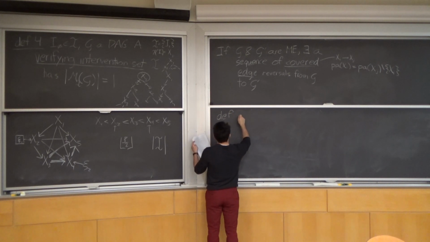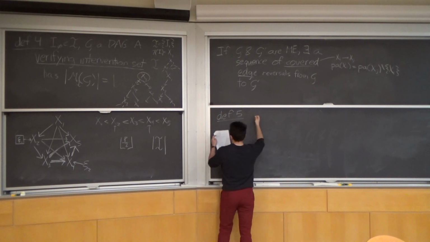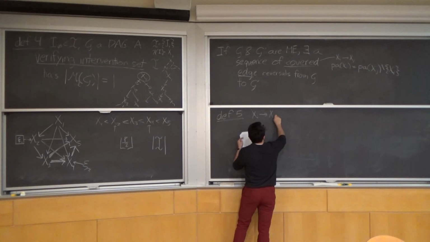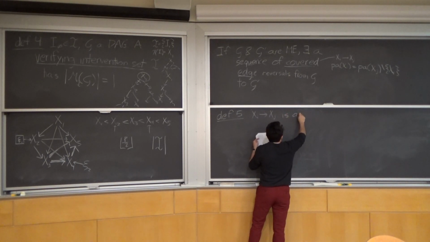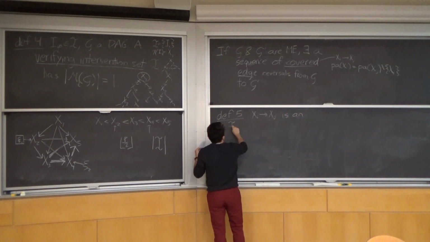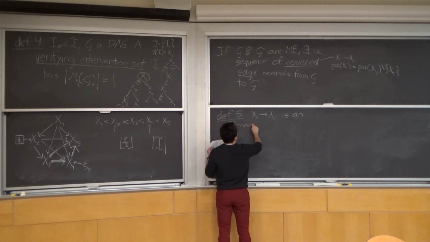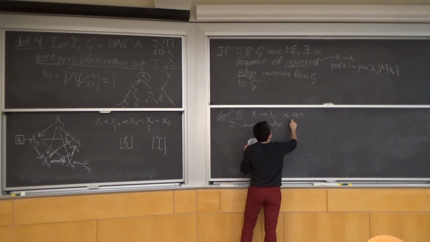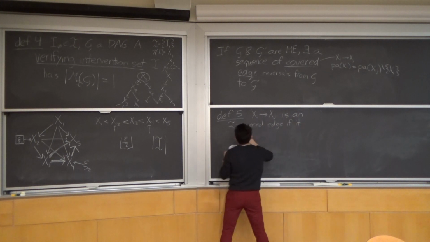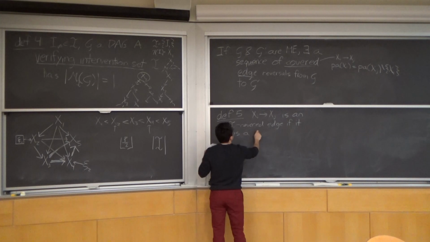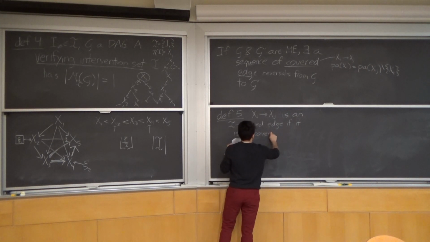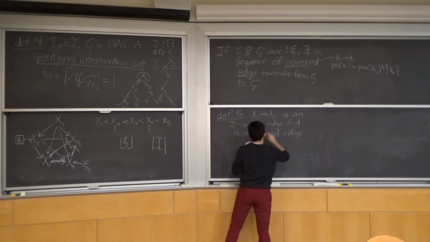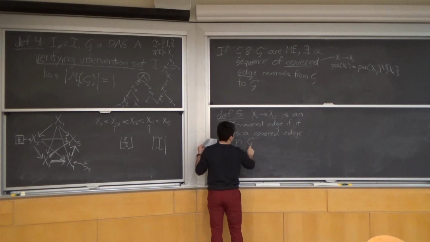And that's just that xi to xj is an I-covered edge if it is a covered edge in GI.